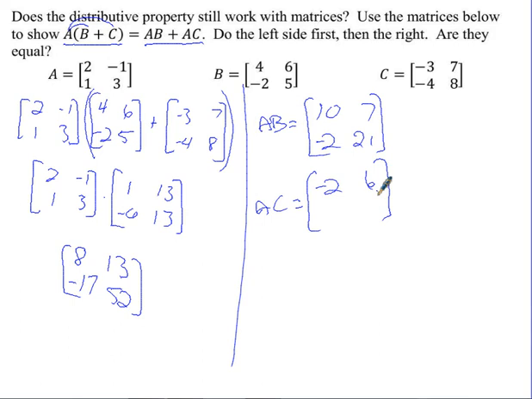Second row, first column, negative 3 plus negative 12 is negative 15. And second row, second column, 7 and 24.